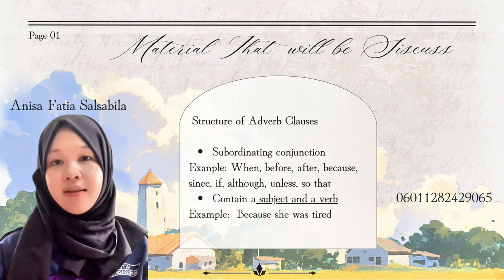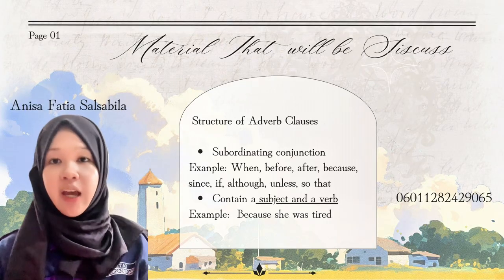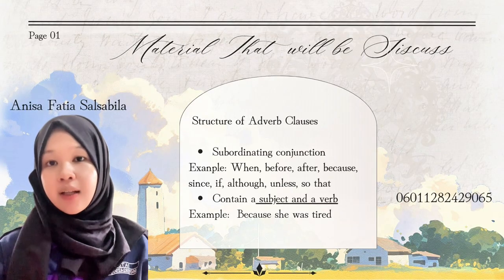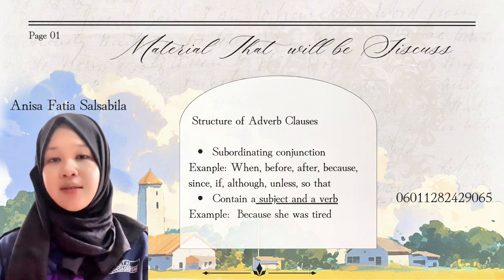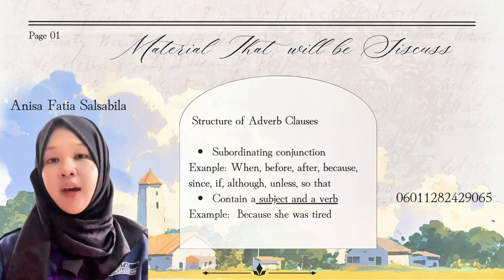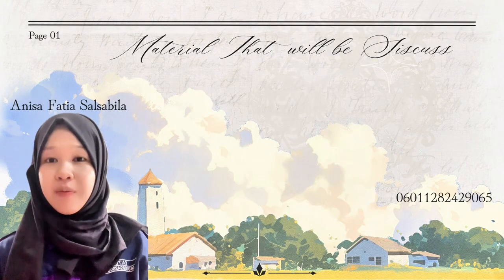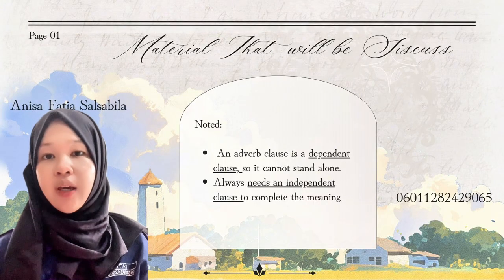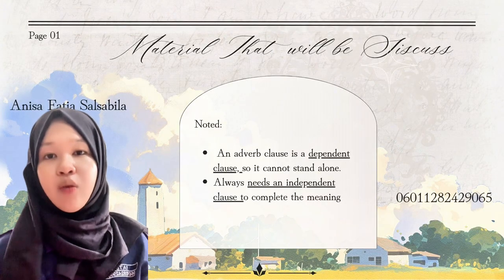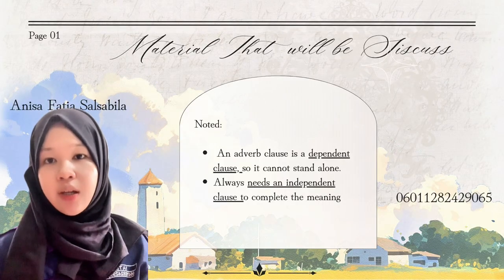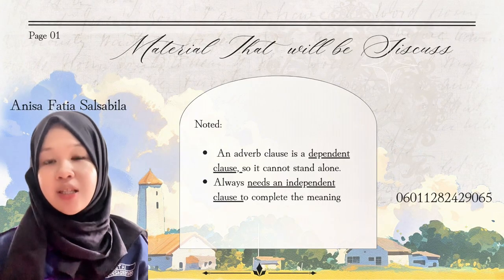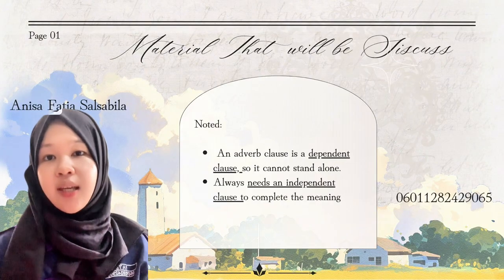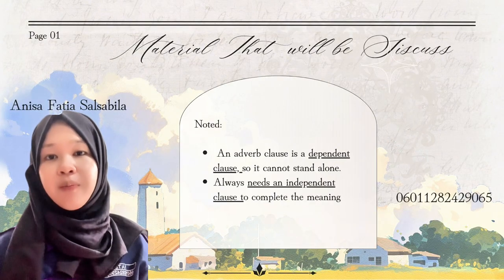Second, the clause must contain a subject and a verb. For example, because she was tired. So, she is the subject and was is the verb. Remember, an adverb clause is a dependent clause, so it cannot stand alone. If someone says, because I was hungry, you're left waiting for the rest of the idea. It always needs an independent clause to complete the meaning.